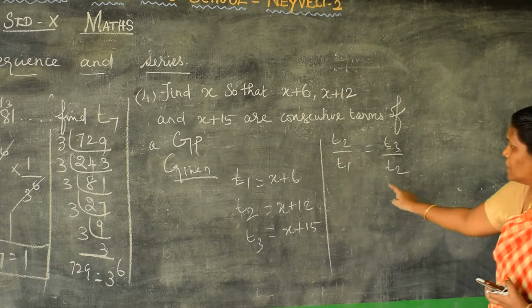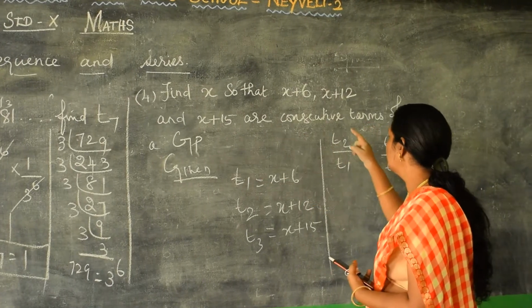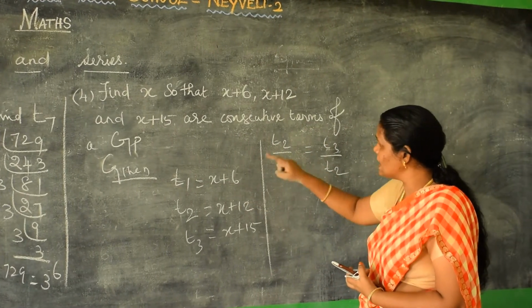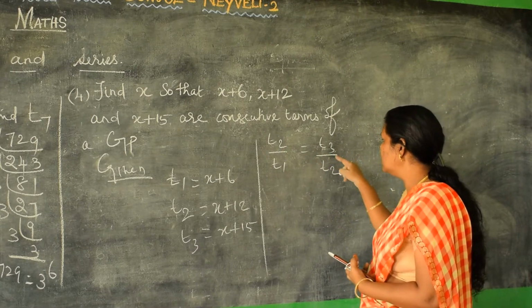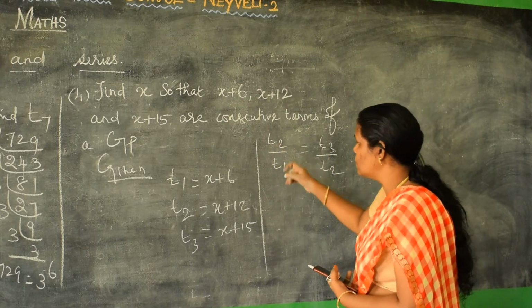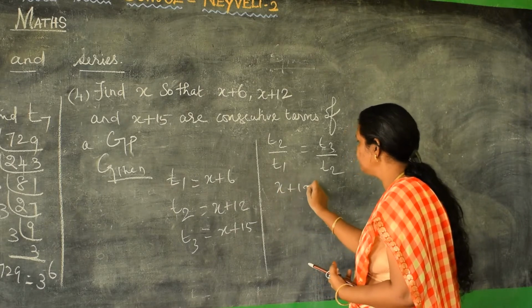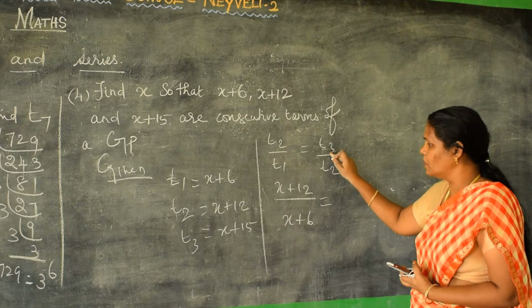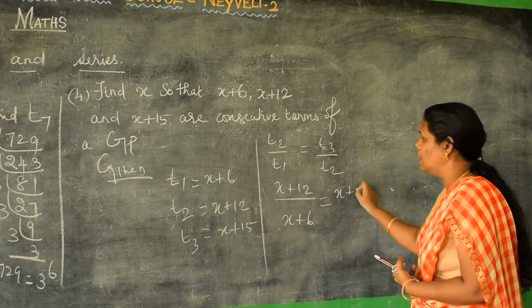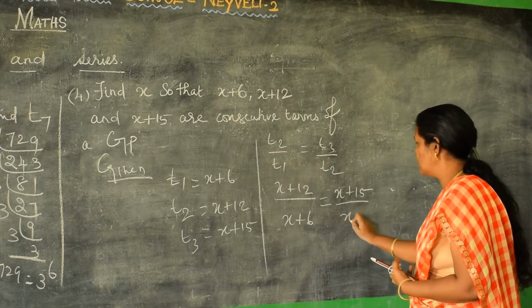The condition of GP is that the ratio of the successive terms is equal. So I wrote T2 by T1 is equal to T3 by T2. T2 is x plus 12, T1 is x plus 6, that is equal to T3, x plus 15, by x plus 12.